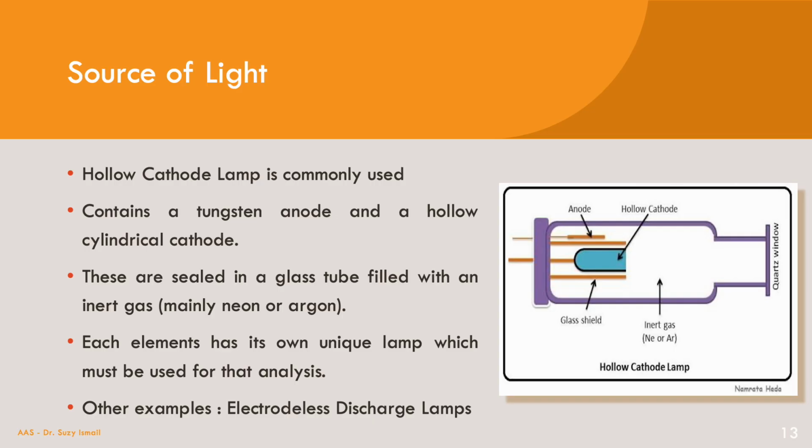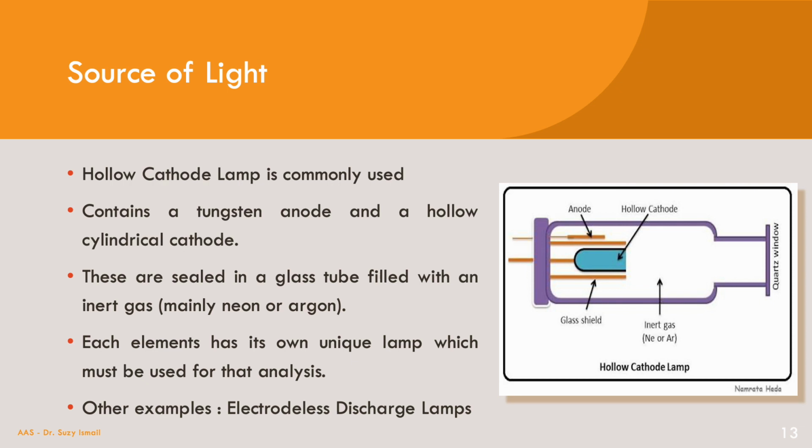For the source of light, the one that I mentioned earlier, the hollow cathode lamp, is commonly used, but electrodeless discharge lamps can also be used. The hollow cathode lamp contains a tungsten anode and a hollow cylindrical cathode.